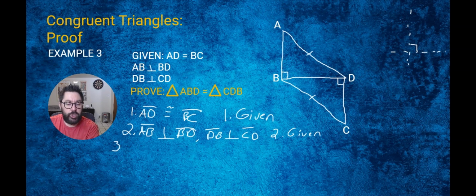And again, we'll smush those two pieces of information together. So angle, let's be specific and use three letters. So angle ABD, and what was our other right angle? CDB. So we go from C to D to B. It's like tracing the angle. They are 90 degrees.